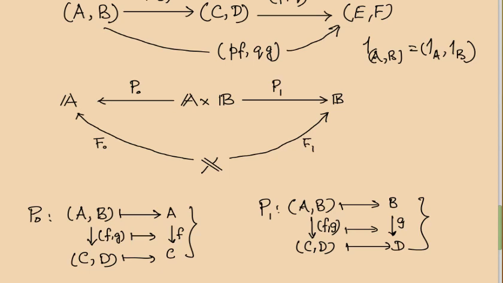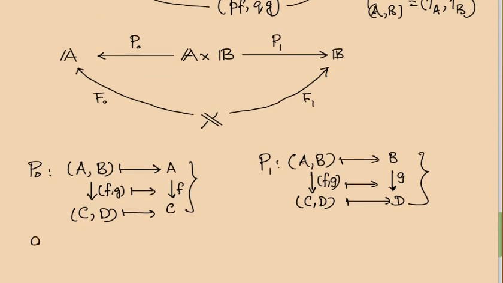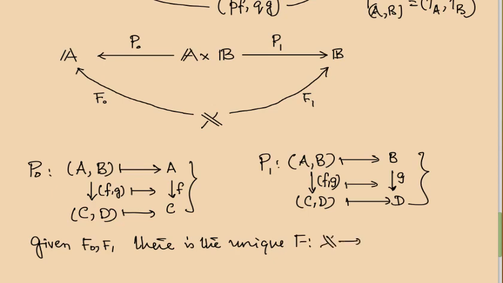So you are given the functors f0 and f1. There is a unique functor, and what does it do? There is a unique functor which makes this diagram commute.